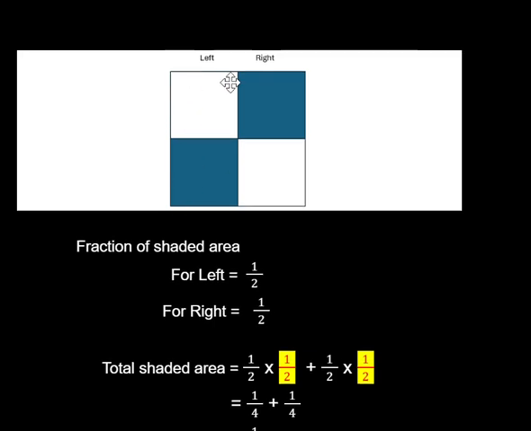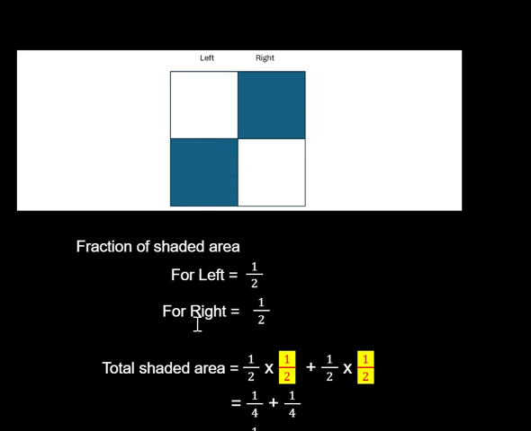If you have a big square, you cut it into 4 equal parts, and 2 of which I just shade. Of course you can shade on top and shade below, it is the same as long as you shade 2 squares. Now, what is the fraction of the square that is shaded? Straight away, visually, we know it is half because out of the 4 squares, 2 of them are shaded.